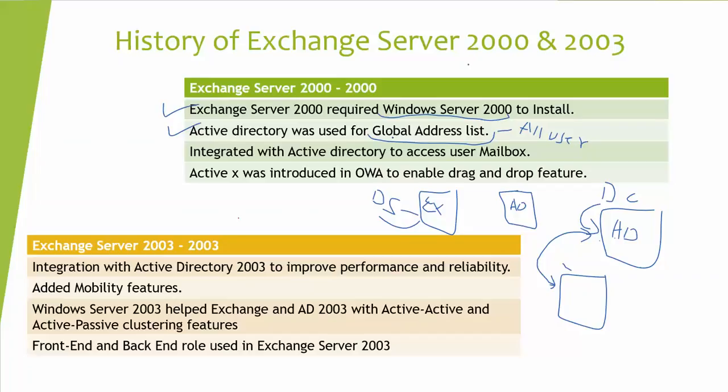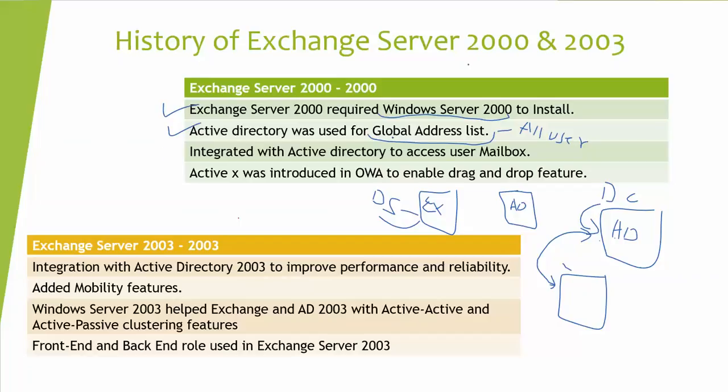Whenever you are trying to send an email to someone, all you need to do is type the name and it will resolve, because that is already in the global address list. If a user account is not in the global address list, it will not resolve. We will see how the global address list works in our upcoming practical lab videos.